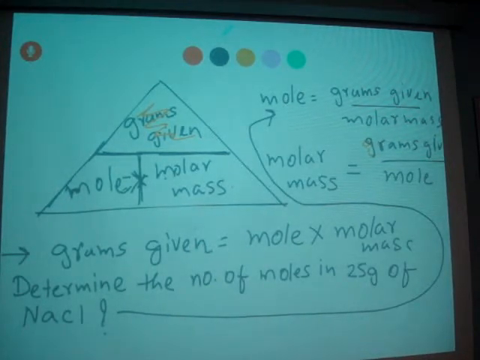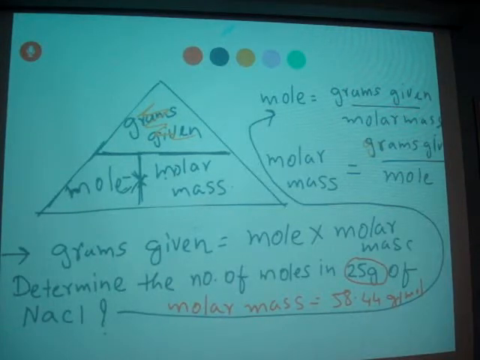We know what's the molar mass of NaCl? We calculated it before. What's the molar mass of NaCl? 58.44. Okay, so the molar mass of NaCl is 58.44 grams per mole, and we have grams given, 25 grams, right?